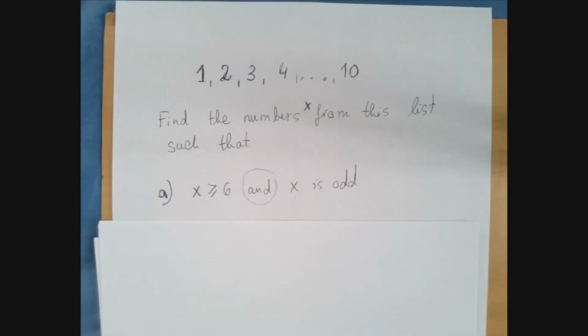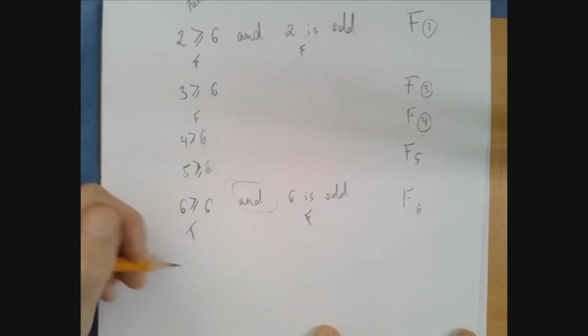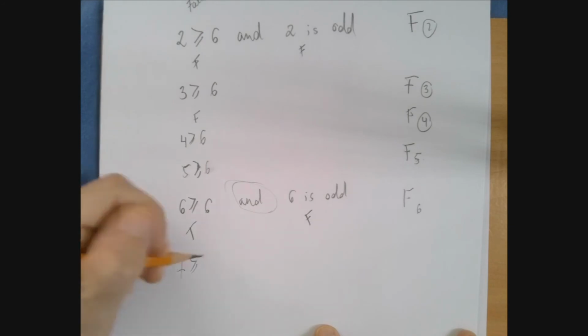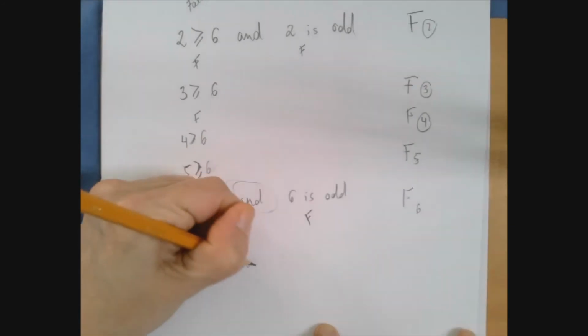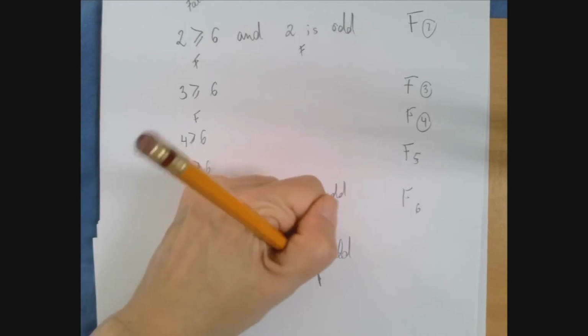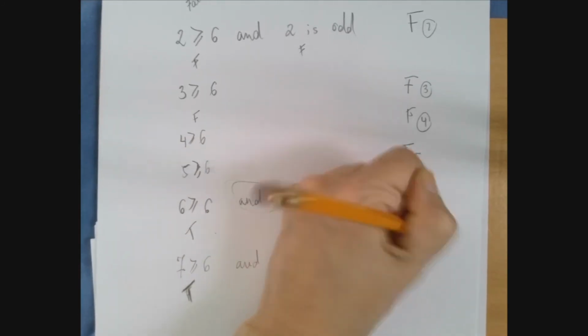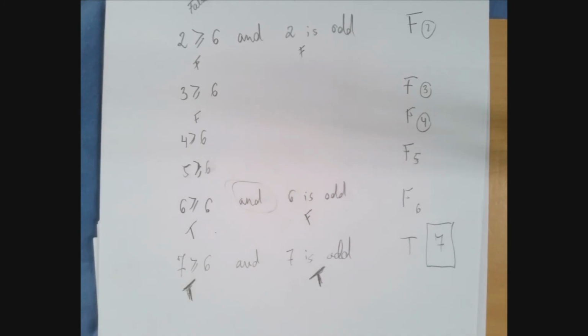But now it's getting a little bit interesting because we have numbers that will work with the first statement. So for example, 7. Is 7 greater than or equal to 6 and odd? That is our first case where both statements within the compound statement are true. And so 7 is a number that is on this list.